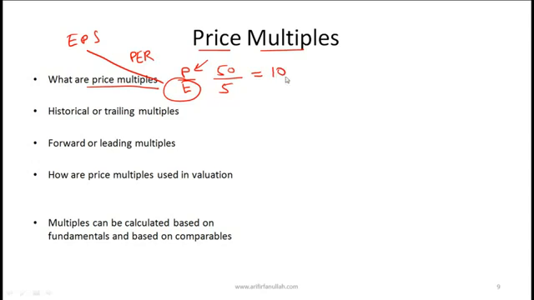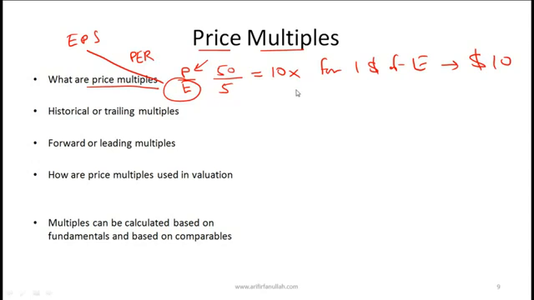to 10. Sometimes you'll see this written as 10 times, where we are saying that the price of the share is 10 times the earnings. As a quick interpretation, what this essentially means is that for $1 of earnings, the market is willing to pay $10.